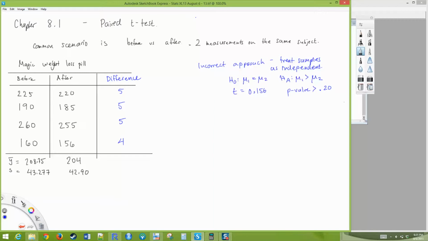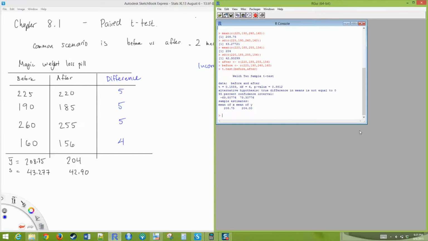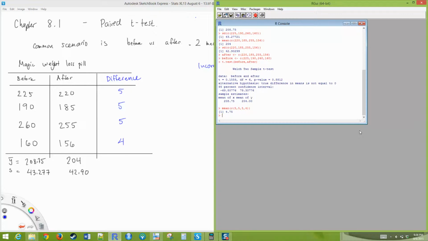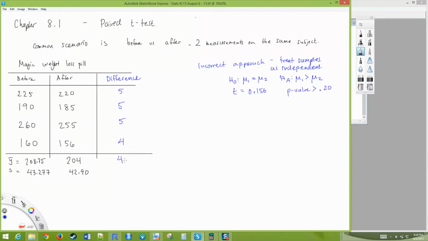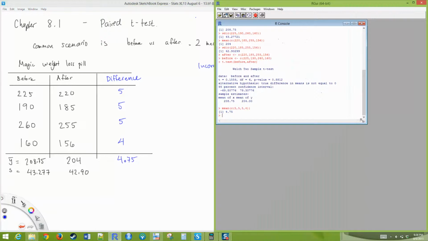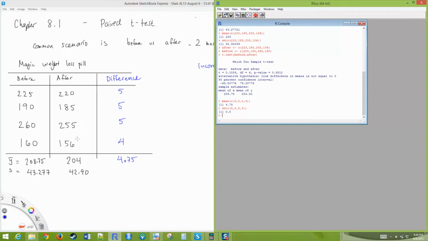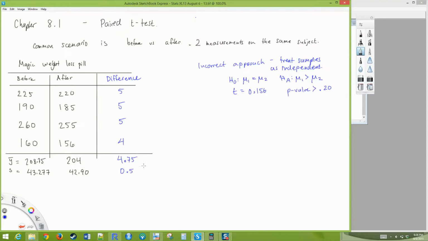In this case, I can calculate the mean of these weight change numbers, and I'm getting a mean of 4.75 and a standard deviation of 0.5. So the correct approach is to treat them as paired data.